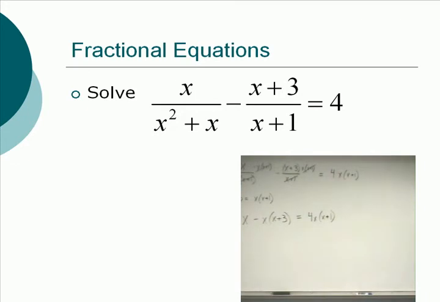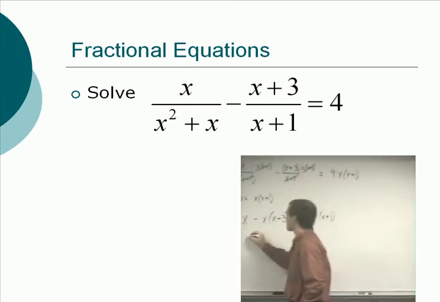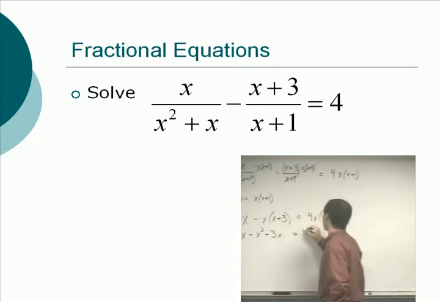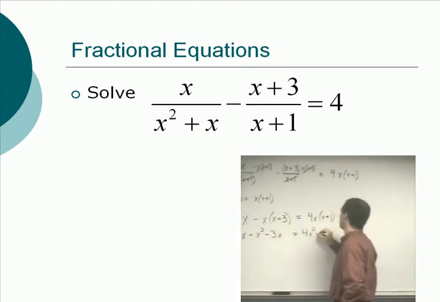Okay, well, distribute and collect terms. We've got x minus x squared minus 3x equals 4x squared plus 4x. Let's shift everything to the right.